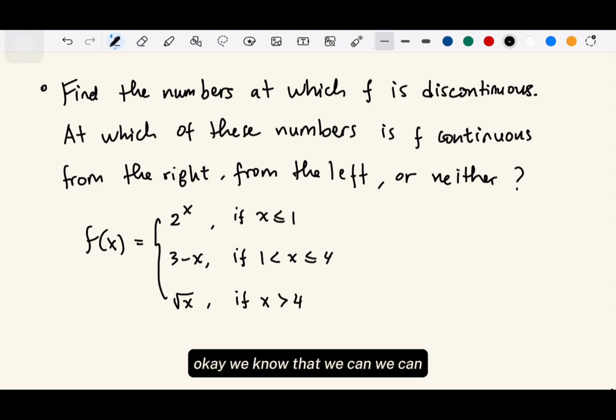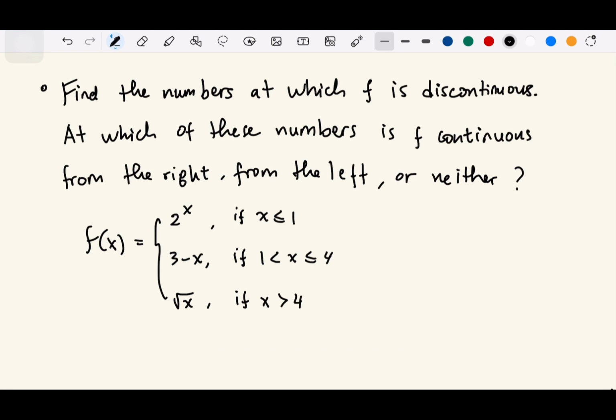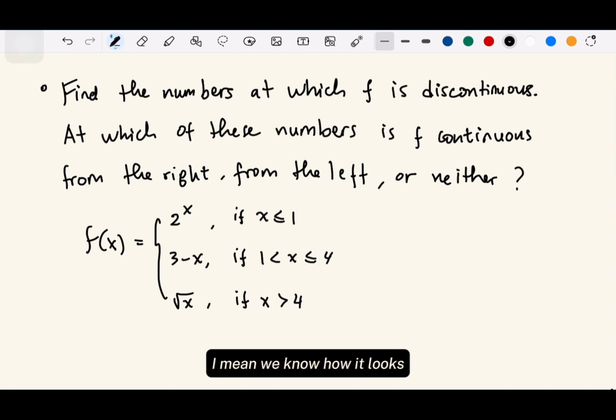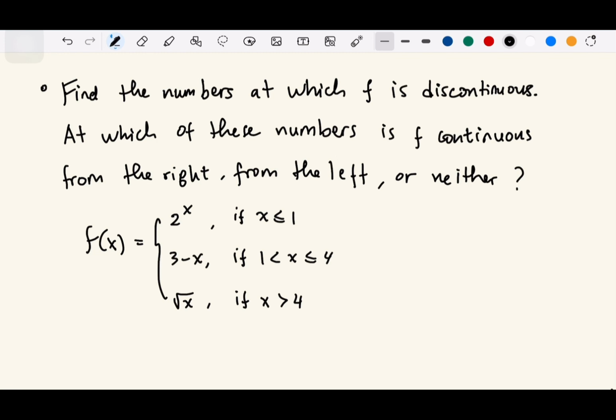Okay, we know that we can have all of these as simple functions, right? I mean, we know how they look, and we know that based on the interval, they are all continuous by default, right? So within this interval, this will be continuous. Within this interval, this is continuous. Okay.